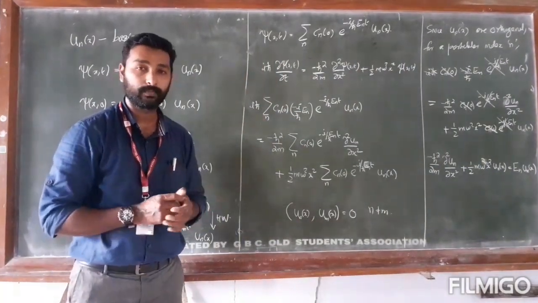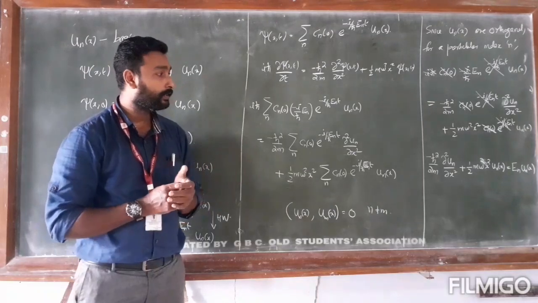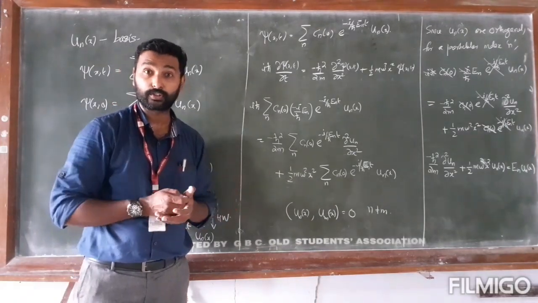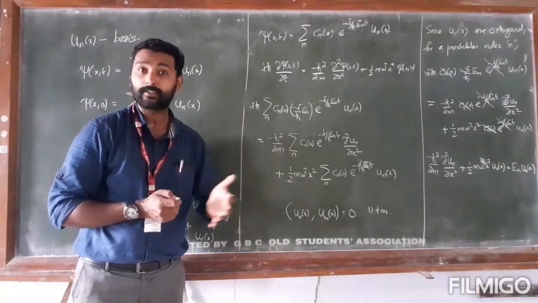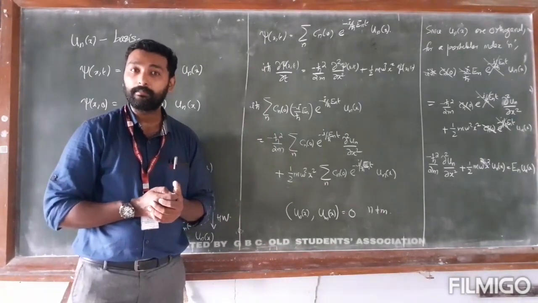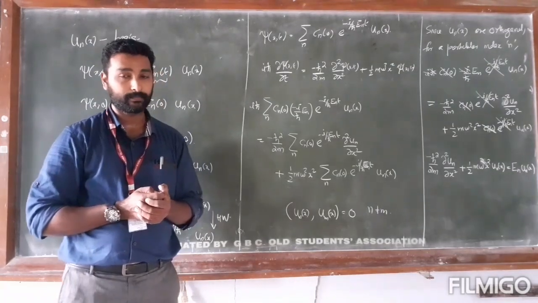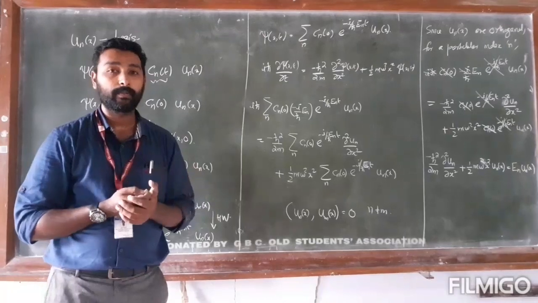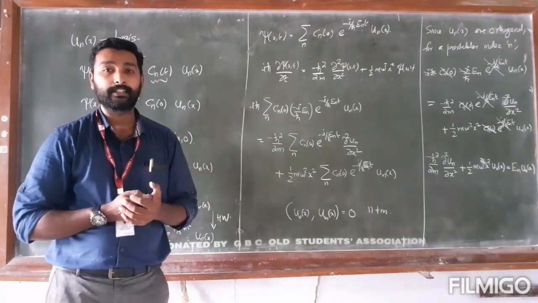So what we have got now is a new equation. This equation corresponds to un, which is only a function of x; there is no time here. This equation is called the time independent Schrodinger equation. The time independent Schrodinger equation is the differential equation obeyed by the energy eigenfunctions.